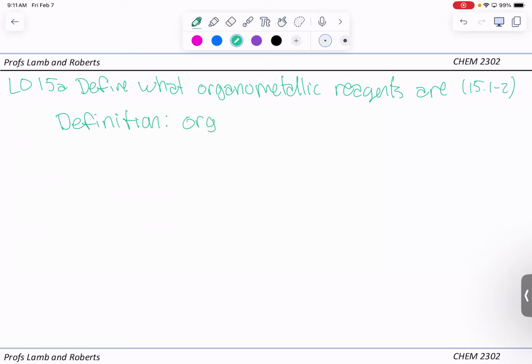So the organo piece, of course, is going to tell us about the carbon. And then metallic is going to refer to the metal. So we're often going to just abbreviate metal as M. So organometallic is a metal-carbon bond.